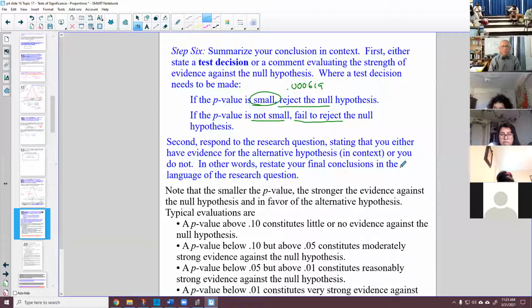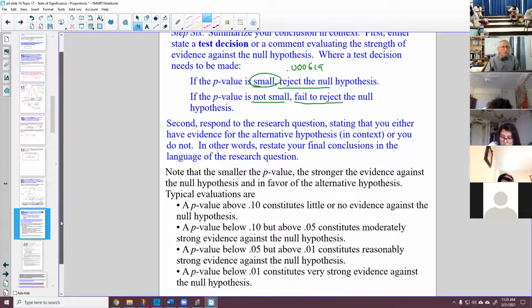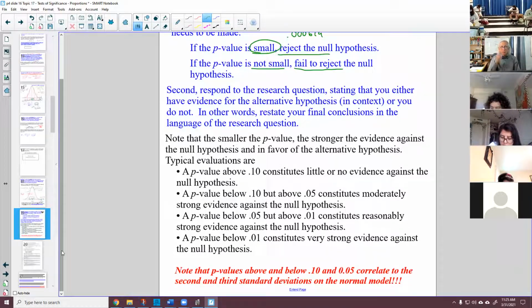So how do we know what is small or not? I mean, some people think 10 is small. Some people think 5 is small. How do we know? Well, that will generally be defined in the beginning of the study.